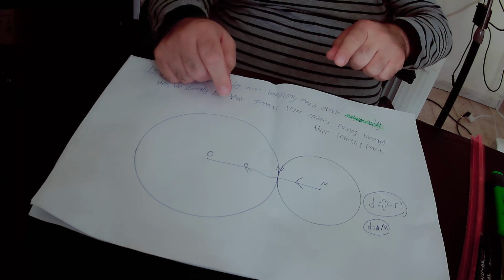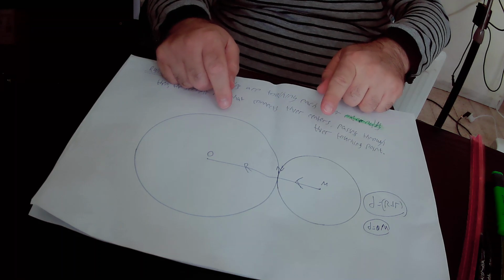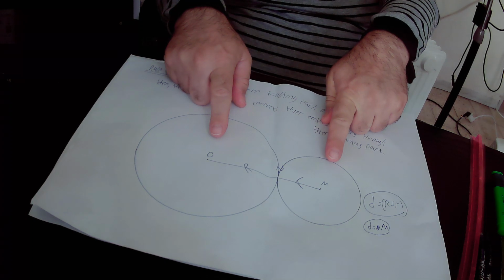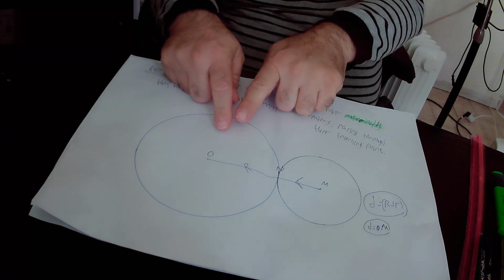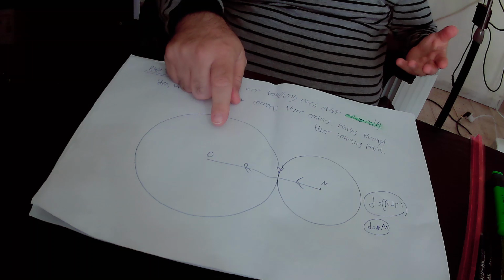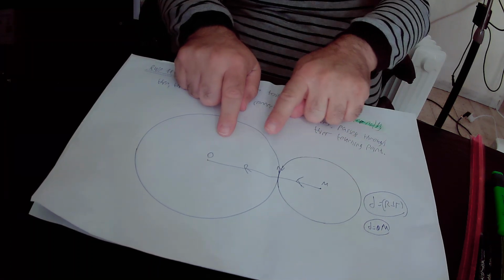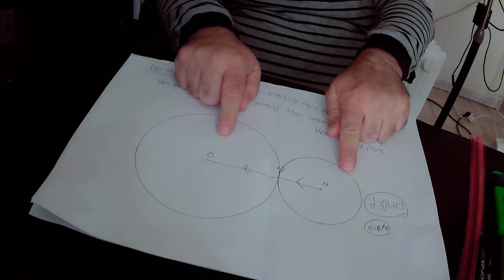And what is the distance between their centers? The distance between their centers is OM. But what is the length of OM? From the drawing, it is very easy to see that OM equals ON plus MN. Why?